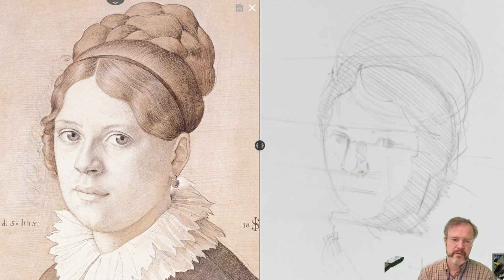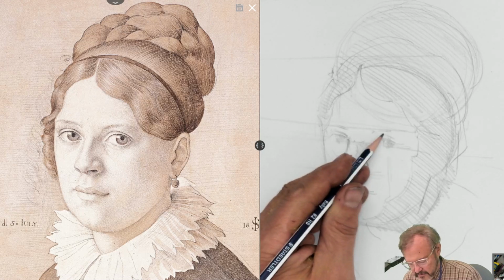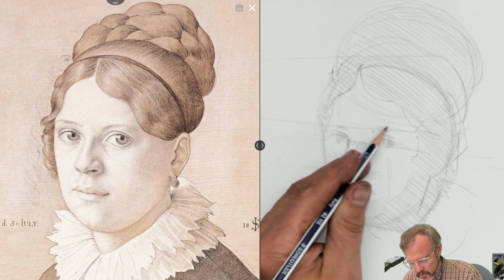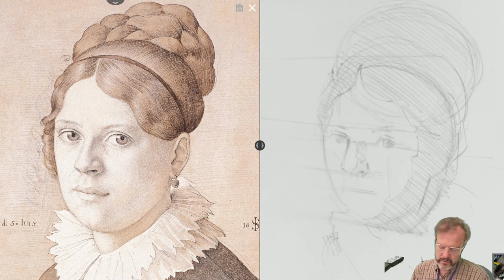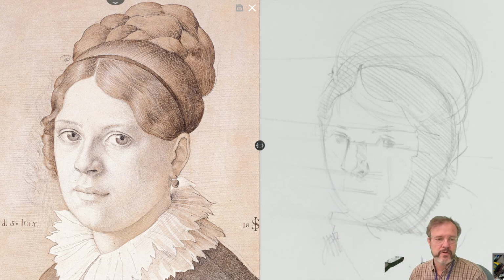And that's what you'll see master artists do all the time, is they will put things in very soft and light and vague, and then they will only get more definite after they're confident that what they've created looks like the person and has the right expression.